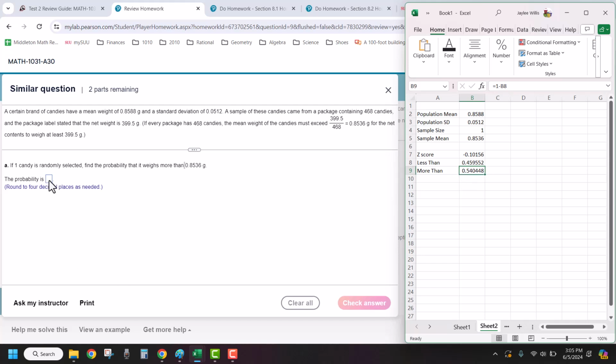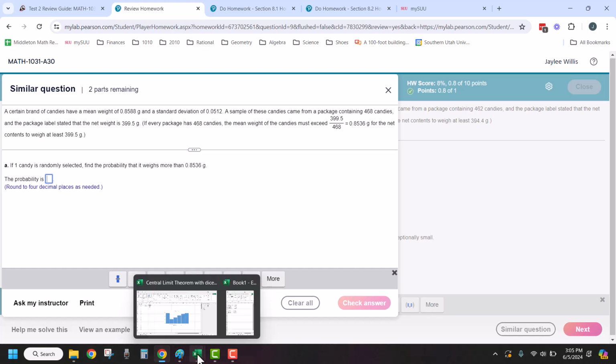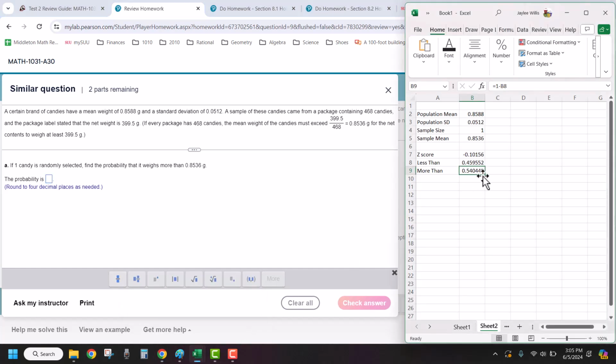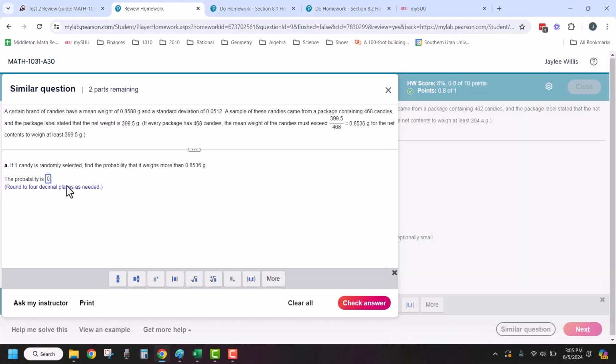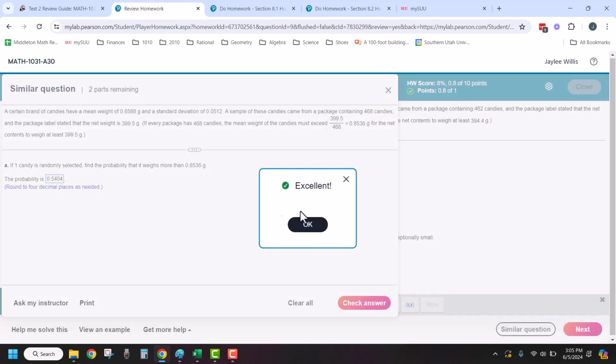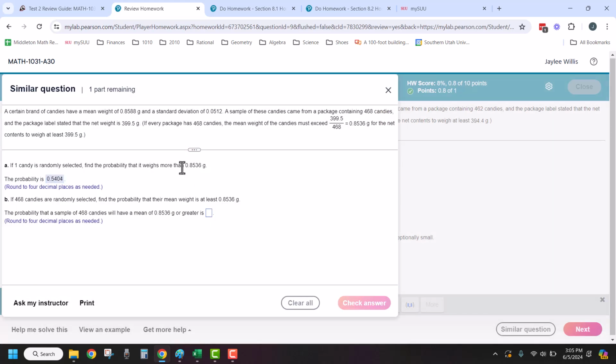So probabilities are usually written in decimal form instead of percentage form. And they said round to 4 decimal places. So I'm going to put 0.5404. And that's the probability that a single candy is going to weigh more than this.